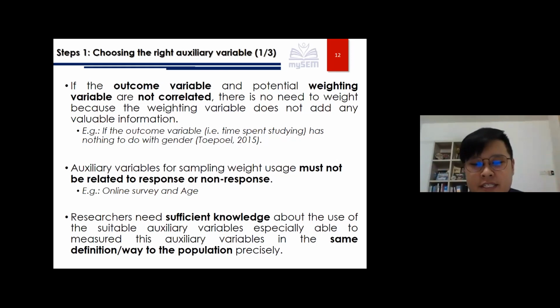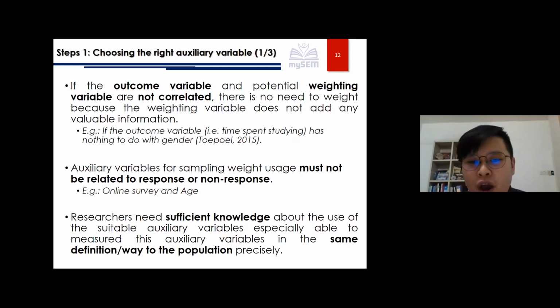So there are several criteria for choosing the right auxiliary variable. The first one is you need to make sure your outcome variable and the potential weight variable are not correlated. If you want to do this WPLS, you first need to make sure that your outcome variable and your weighted variable are not correlated. Why do I say so?